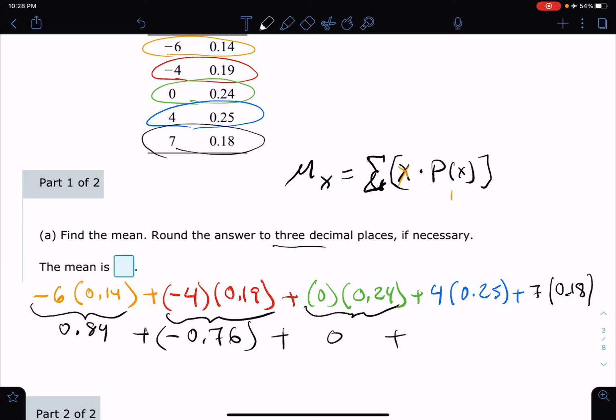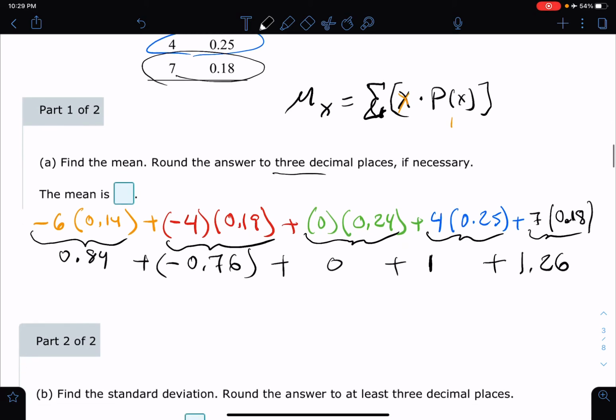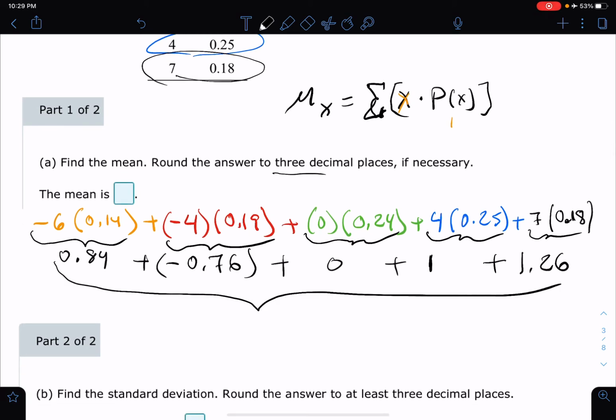And then I've got this 4 times 0.25. A quarter of 4 is just going to be 1. And then finally, I have 7 times 0.18, which is going to be 1.26. So I add all this up, and I get my mean of this random variable is 0.66.